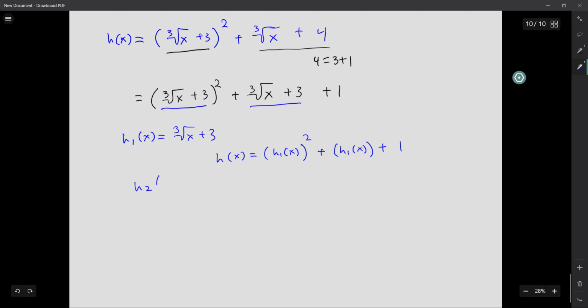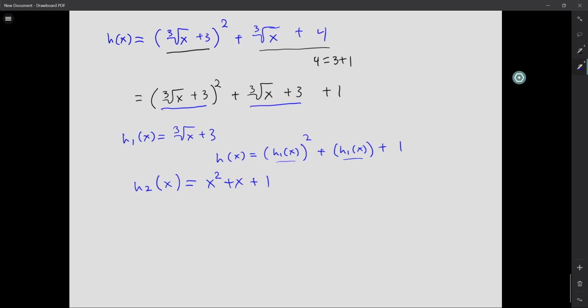So my h2 will be whatever I simplify this to. So h2 of x will be x squared plus x plus 1.